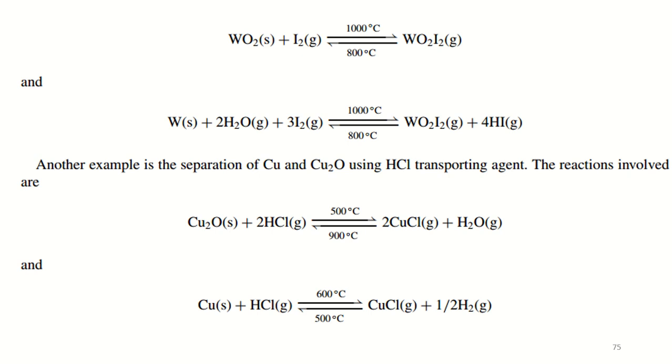Tungsten is deposited at 1000 degrees Celsius and tungsten oxide at about 800 degrees Celsius.